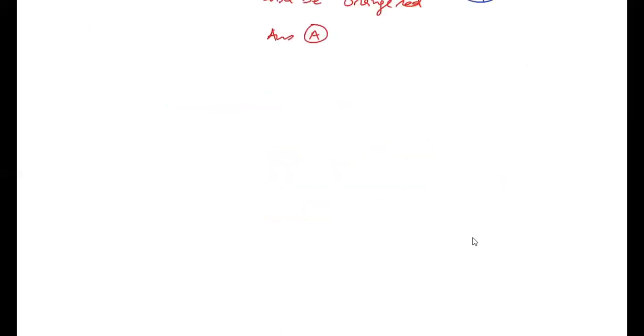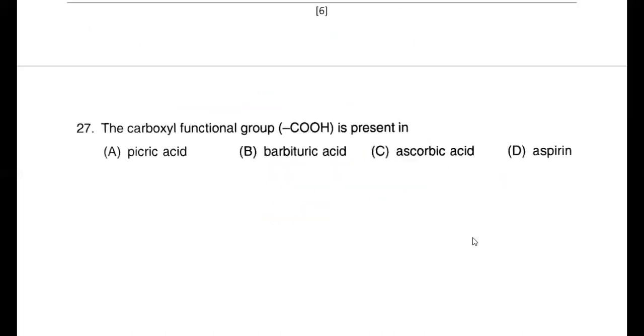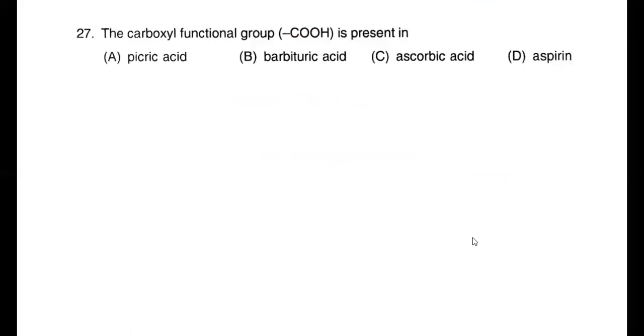Now question number 27. It is given: the carbonyl functional group COOH is present in. So you just write the structures quickly. Although if you have to just answer, then you know aspirin is acetyl salicylic acid, so it will certainly have the COOH group as it is a single option correct question. So there is not that much difficulty. But if you want to check all the cases, so first is picric acid.